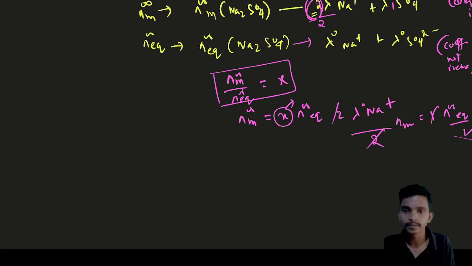We know what the relationship is between molar conductance and equivalent conductance. We have discussed the relations already. If we take molar conductance and molar equivalent conductance, what is the relationship between them?